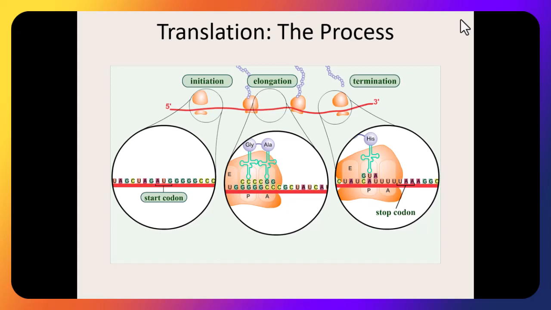All I have is a string of yarn. Once you shape it into the correct shape, then it's the actual sweater. It's the actual protein. But first you need to make the yarn before you can actually make and fold it correctly. It will continue to keep pulling that message through until it encounters one of those 3 stop codons, and then it's done.